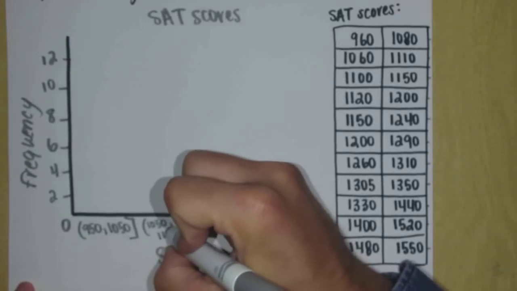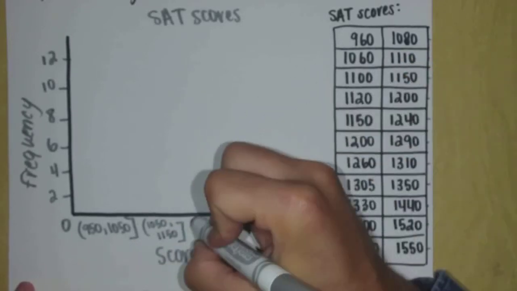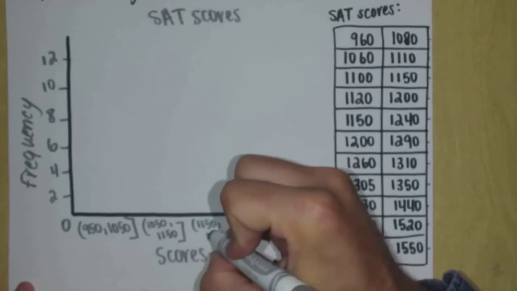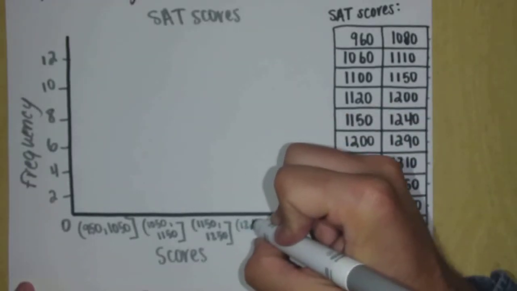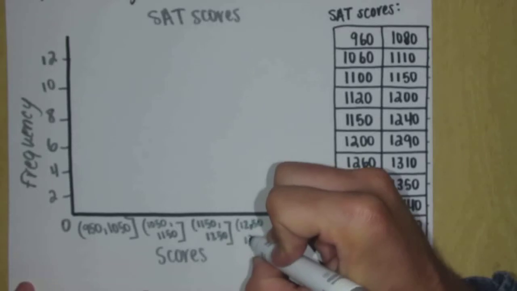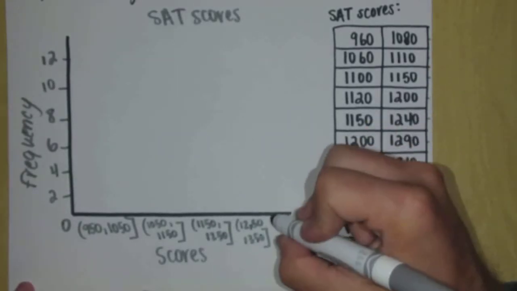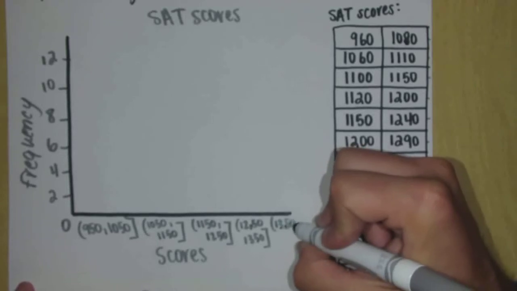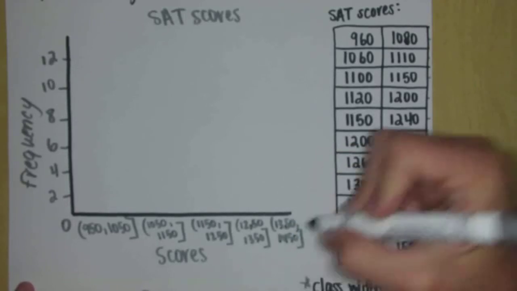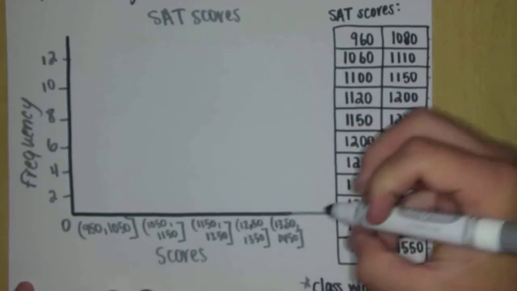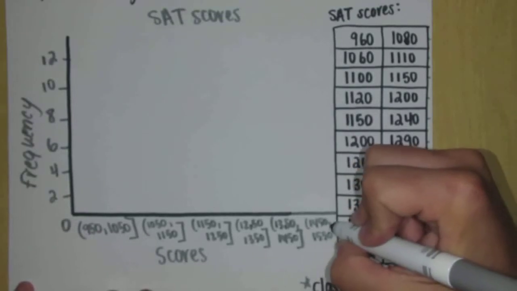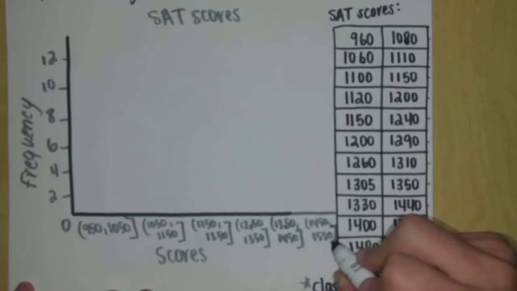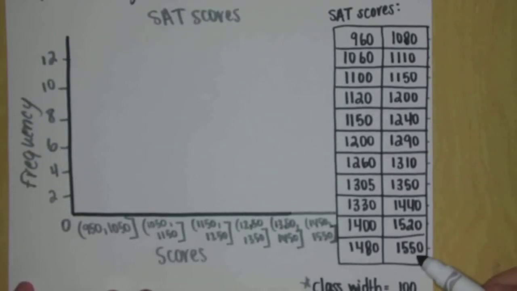This is going 1050 to 1150, 1150 to 1250, 1250 to 1350, 1350 to 1450, and then I'm going to have to extend this, and we're going to put one more on here, 1450 to 1550. But by including that last one being a bracket there, by including that 1550, I'll be able to have my last value, and that should work for everything.